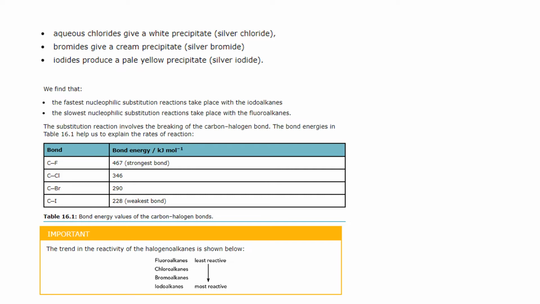The substitution reaction involves the breaking of the carbon-halogen bond. The bond energies in table 16.1 help us to explain the rates of reaction. Here we can see that the bond energy of C-I is the weakest, 228 kilojoules per mole, while the bond between C and F is the biggest, 467 kilojoules per mole.